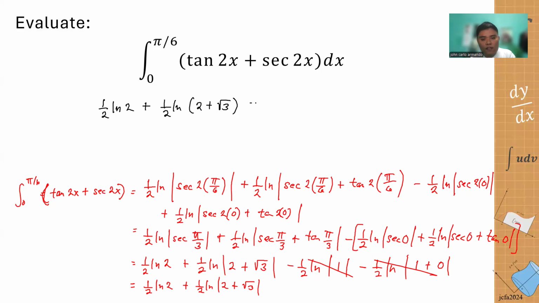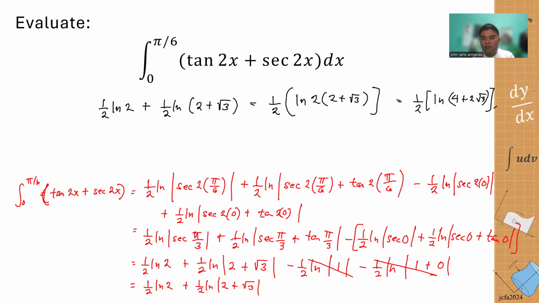We can simplify this by factoring out 1 half. Since this is addition inside the ln, we can multiply 2 times 2 plus square root of 3. So that becomes 1 half of ln 4 plus 2 square root of 3.